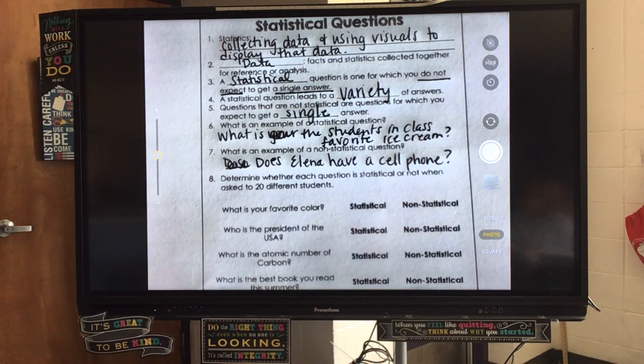Joe, what's yours? Cookies and cream. So you notice how if I'm asking a specific person, saying your, his answer never changed. Her answer never changed. The wording is huge. If you are very specific in your question, it more than likely will not be a statistical question.